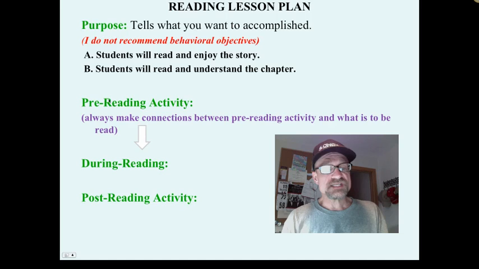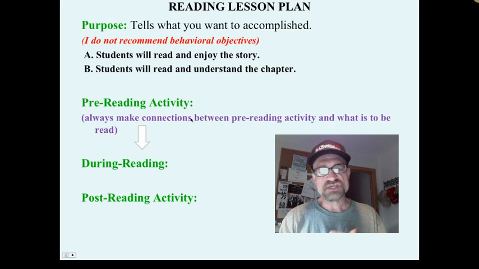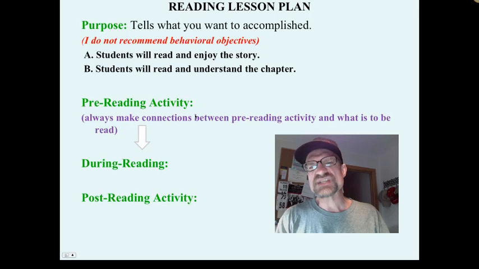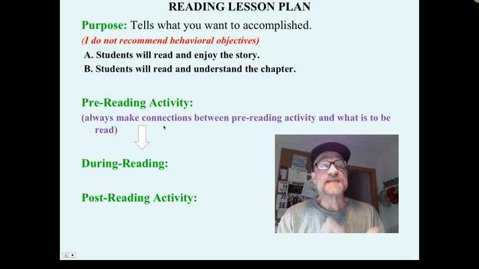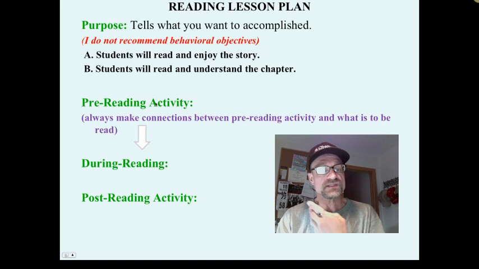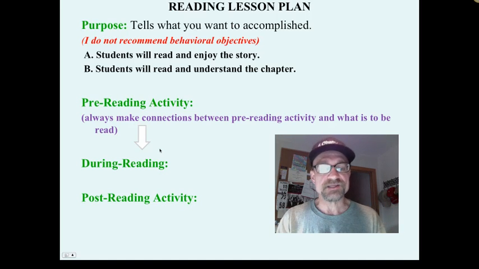Two things about it: the pre-reading activity should be rather concise. Remember, the purpose is to read and enjoy or read and understand. It's not to do your exciting pre-reading activity. So keep it short, anywhere from 30 seconds to 5 minutes at most, and make sure there is always some connection between the pre-reading and the during reading so students can see exactly.